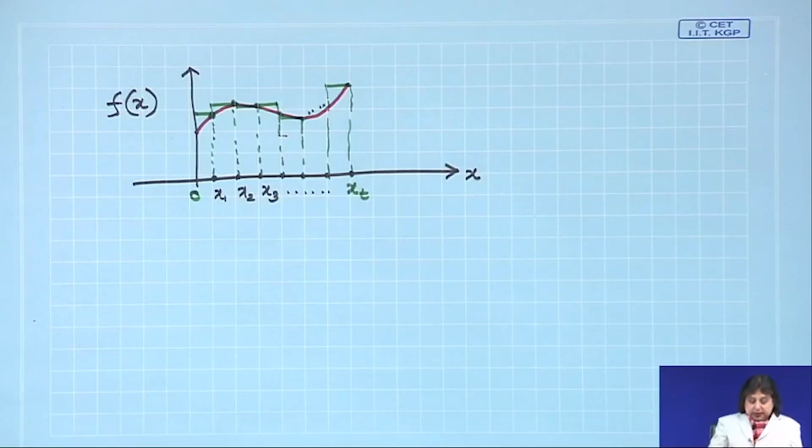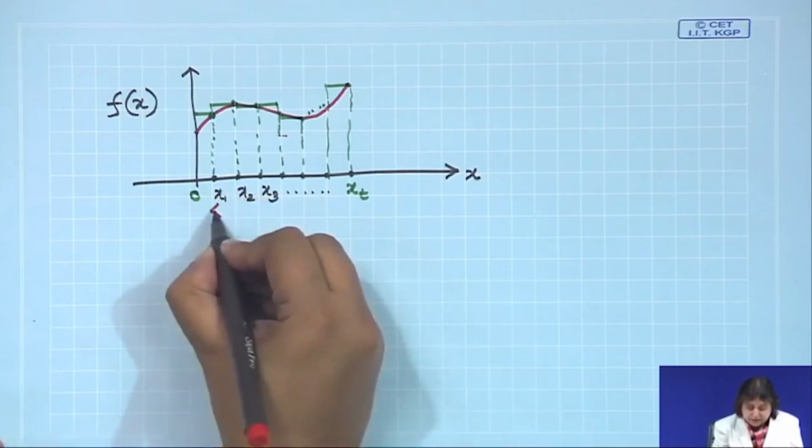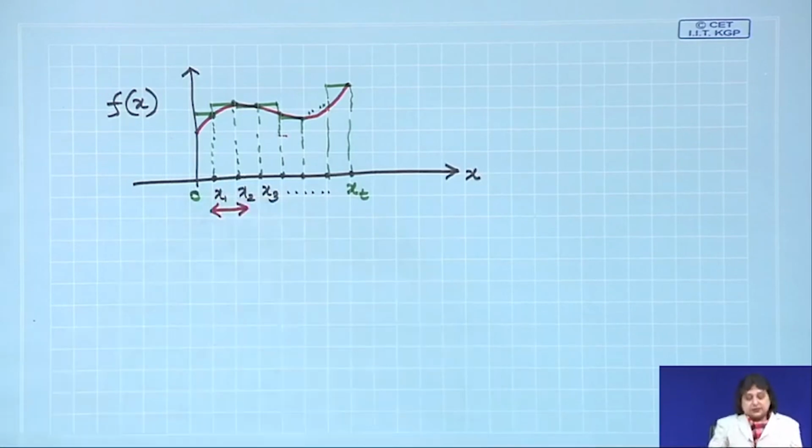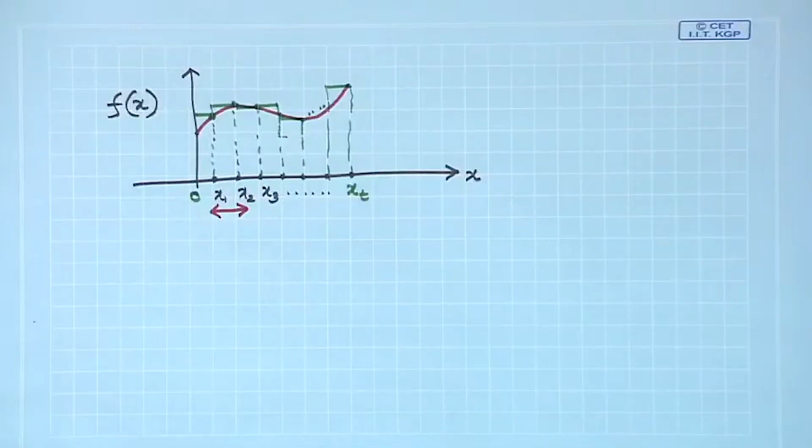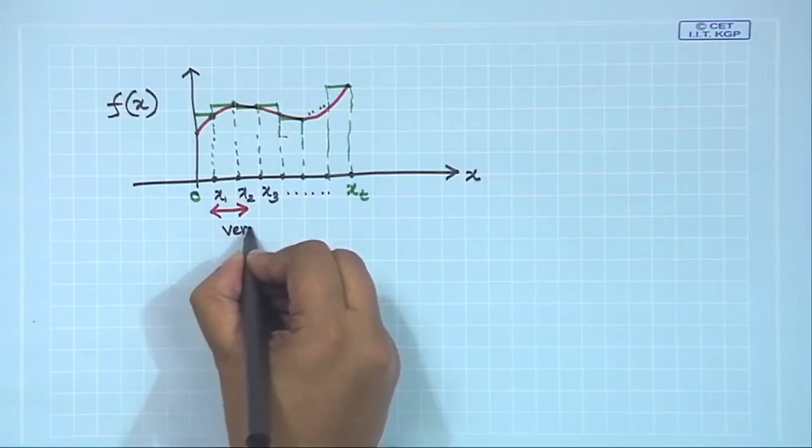And that is exactly what we would look for, but this depends very much upon the interval that you have chosen, and this interval decides whether the sum of the areas under these rectangles is accurate enough to represent the integral. And we already know that this is true if and only if this interval is very small.